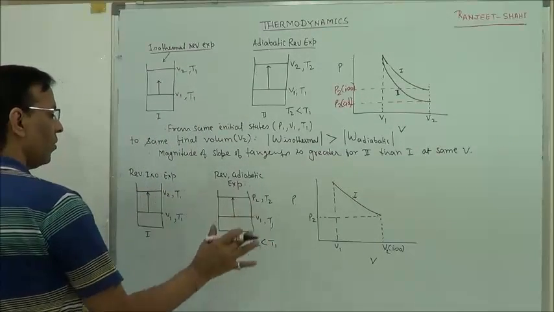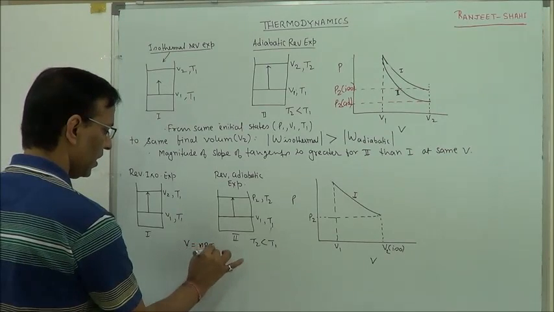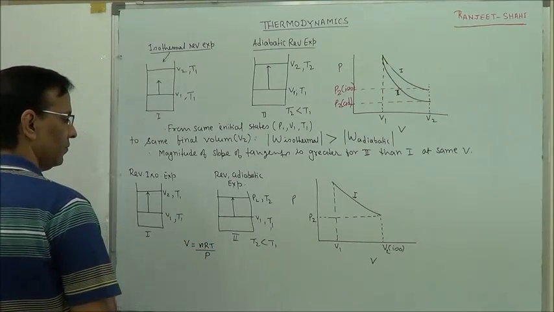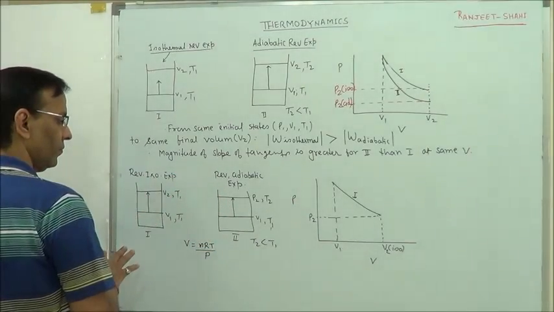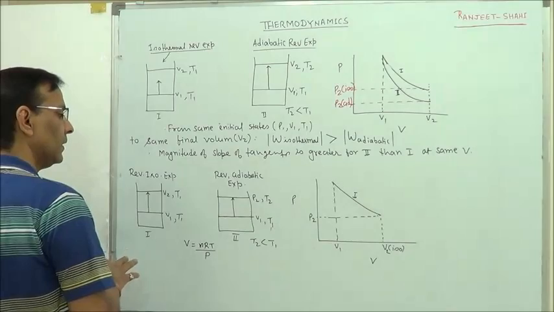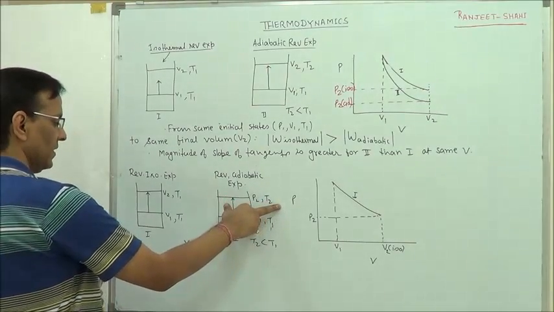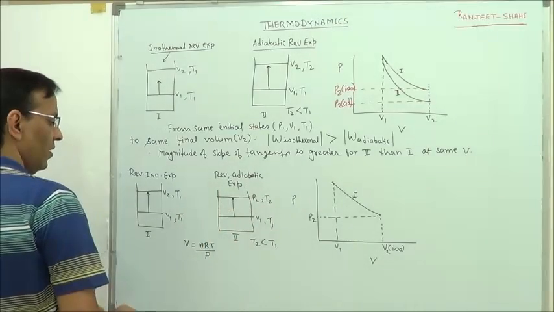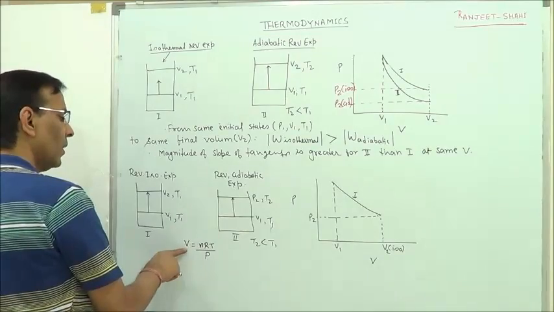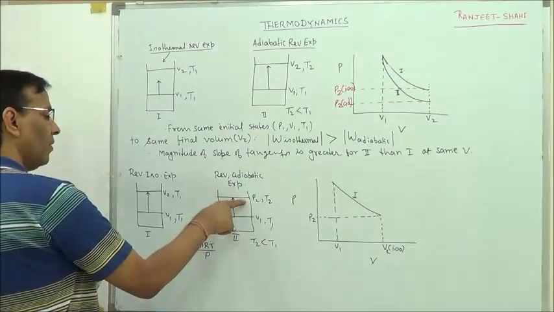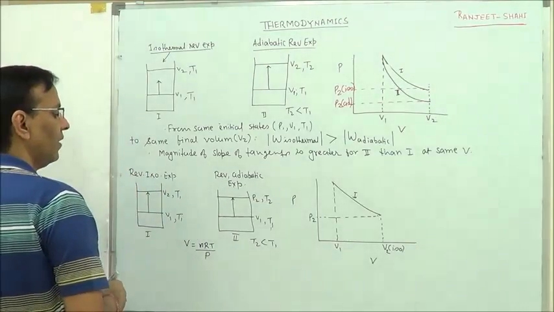We want to compare their volumes, and V is equal to nRT by P. Now the final pressures are the same, and the temperature here is less. T2 is less than T1, so the final volume in the adiabatic process will be less than the final volume in the isothermal process.